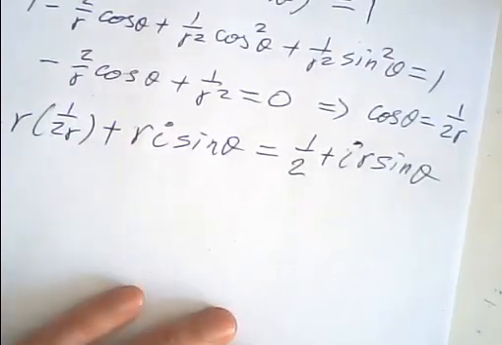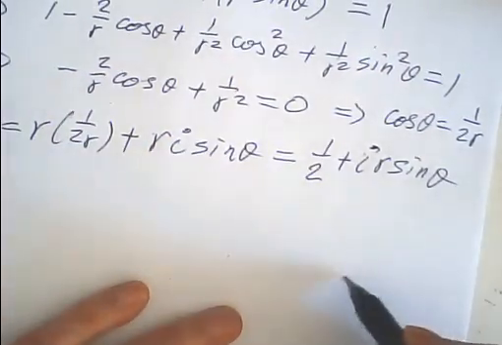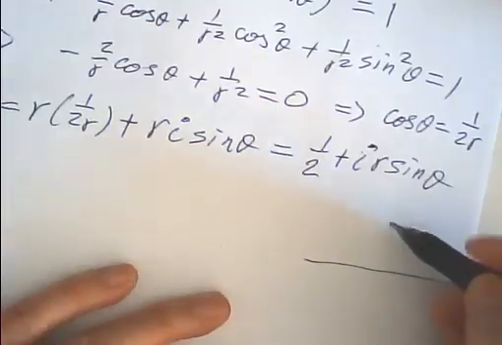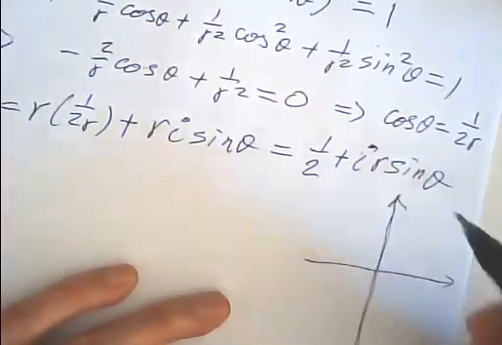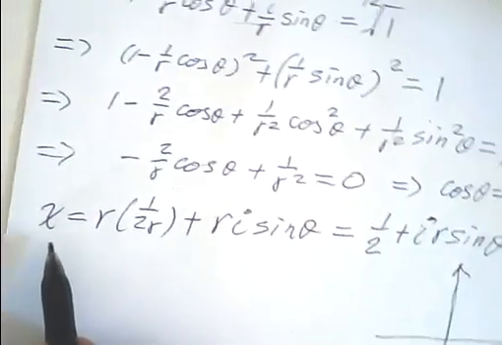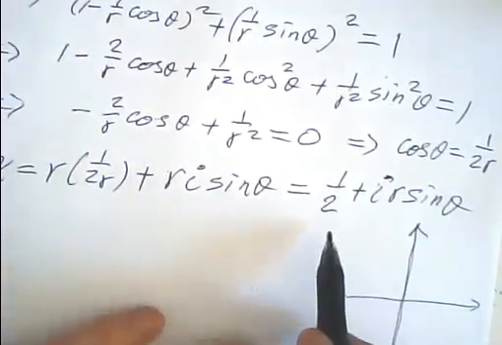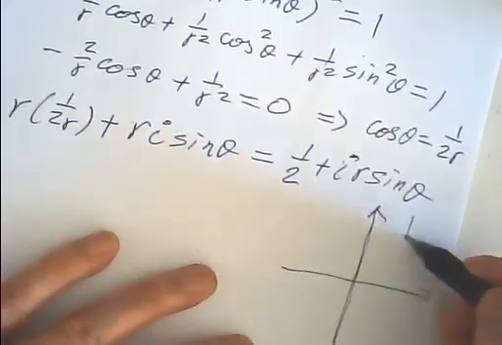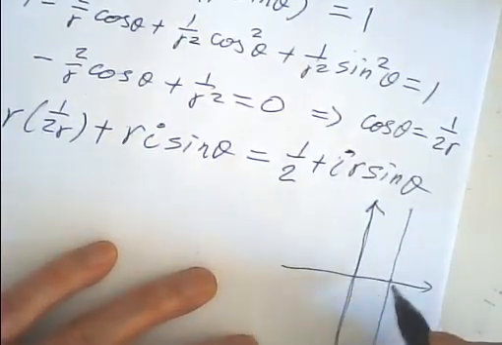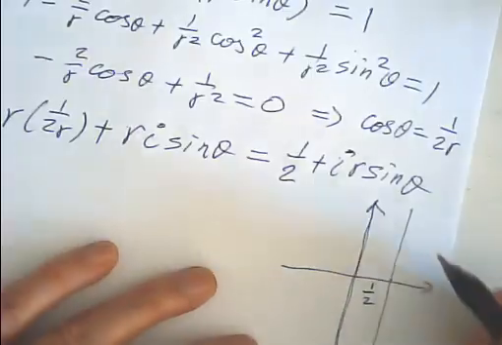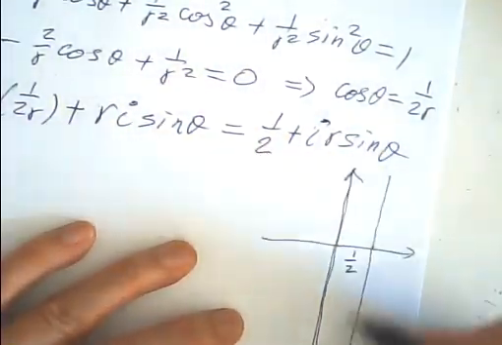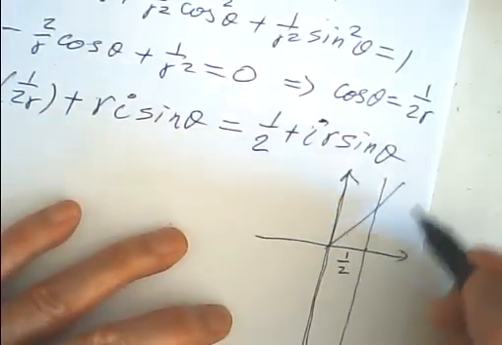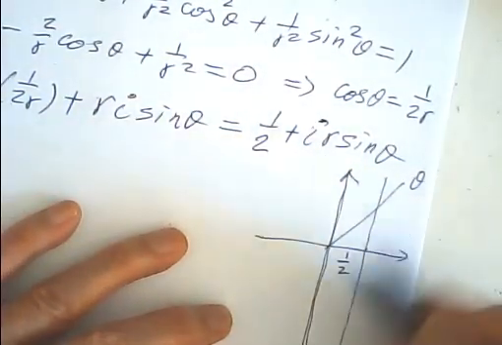Now, something interesting. This is my x. My x, the real part is a half. This is half. X must be there. See, just a matter of argument.